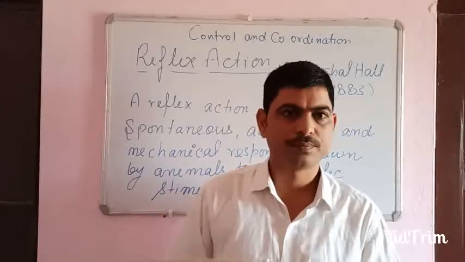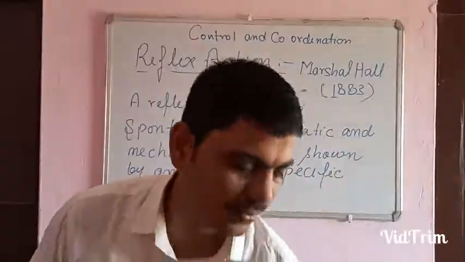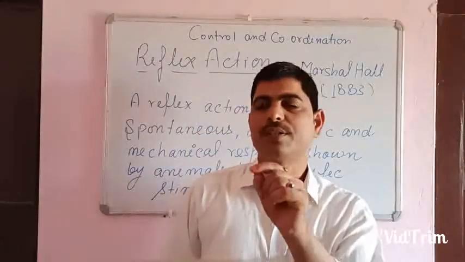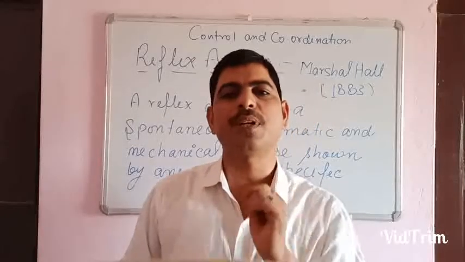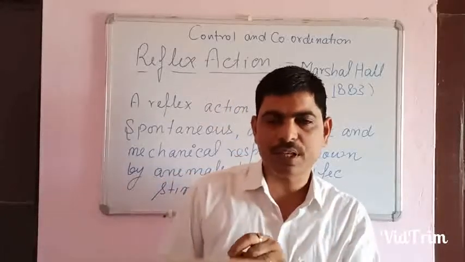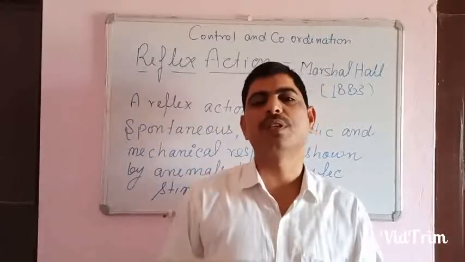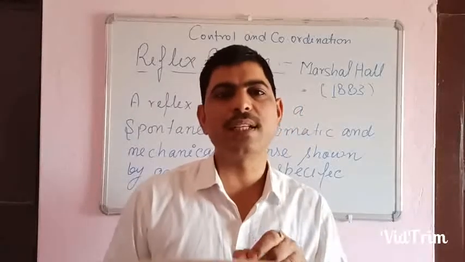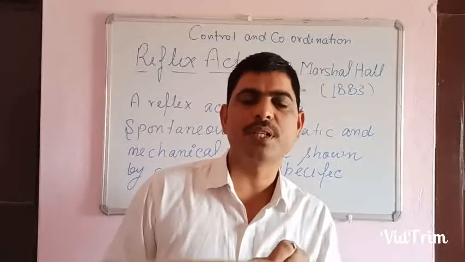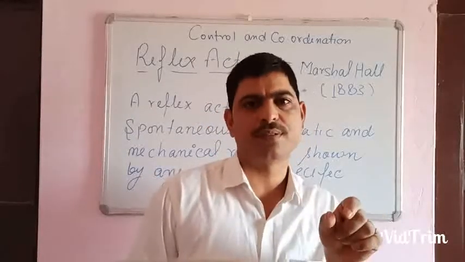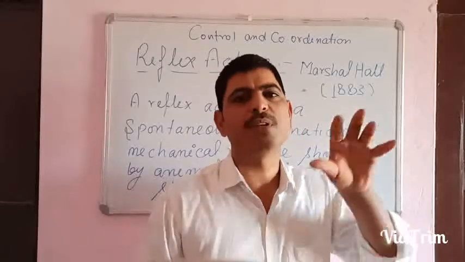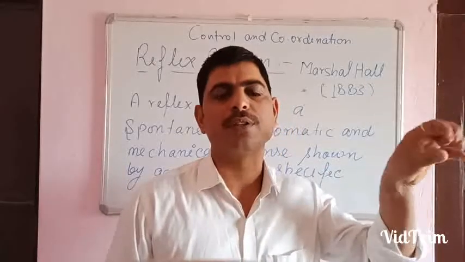Listen once more. What happened in the process? The stimulus is sensed by the receptors. Receptors convey the information to the sensory nerves. Sensory nerves carry that information in the form of nerve impulses to the central nervous system.